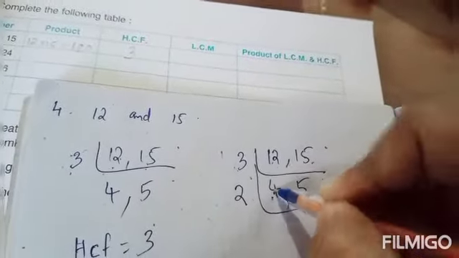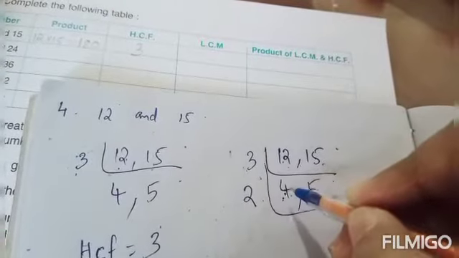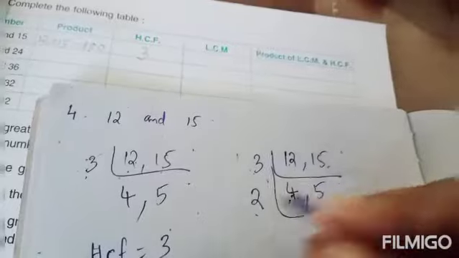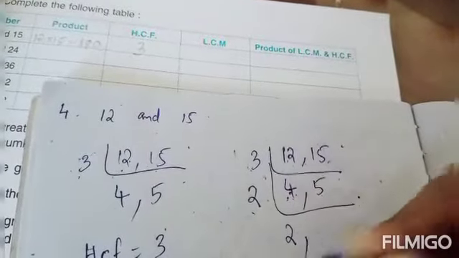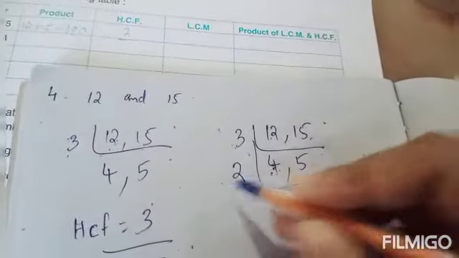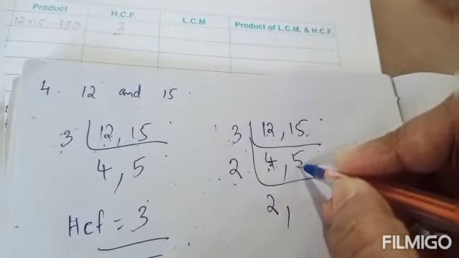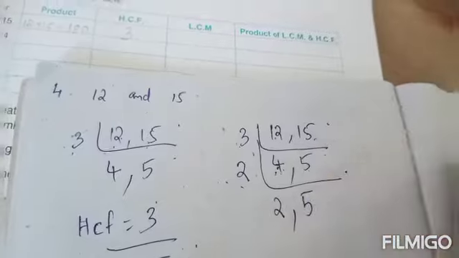So first do the prime factorization of 4. Okay, so 4 you can divide by 2. So 2 into 2 is 4, or 4 divided by 2 you will get 2. Now 5 you can't divide by 2, so write 5.